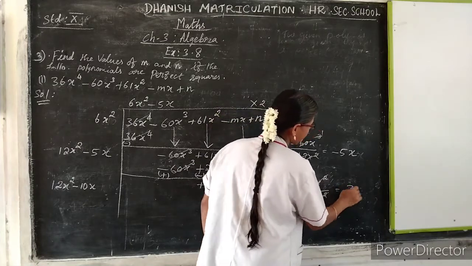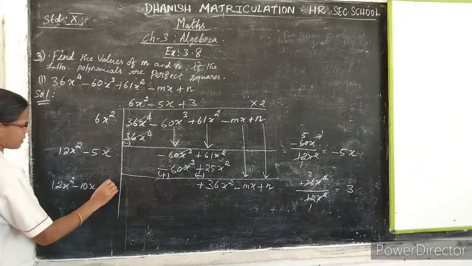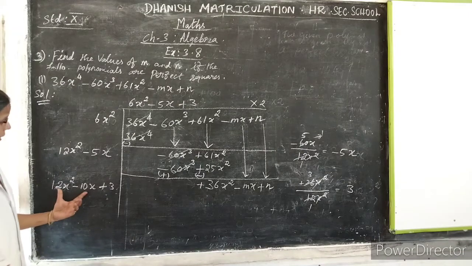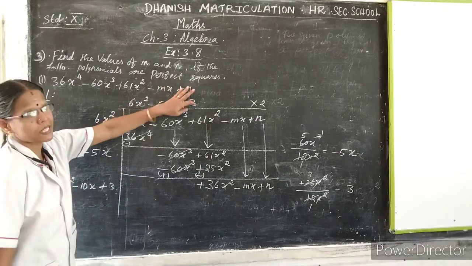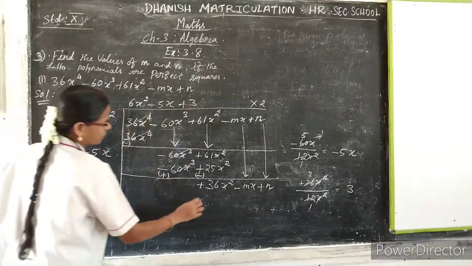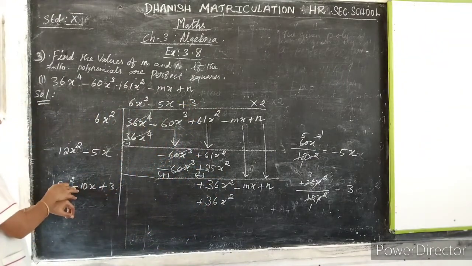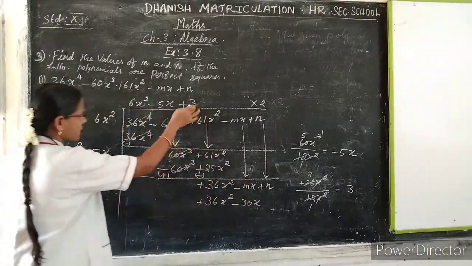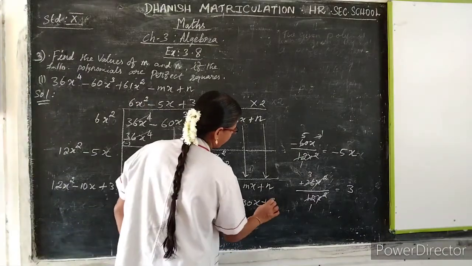So plus 3 is the quotient. Plus 3 here, here also plus 3. This is the new divisor polynomial with 3 terms. Multiply these 3 terms by this plus 3. So plus 3 12s are 36x square, plus into minus is minus, 3 10s are 30x, plus into plus is plus, 3 3s are 9.